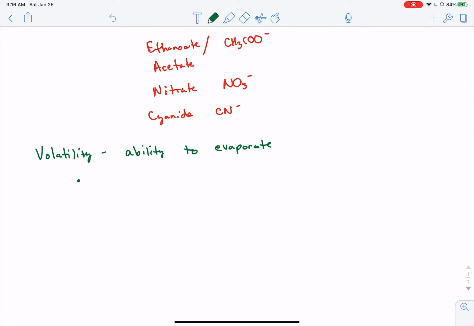And so with ionic compounds that have the strong ionic bonds, you have low volatility. And we'll revisit these characteristics in covalent compounds as well, or molecules. So volatility is ability to evaporate.